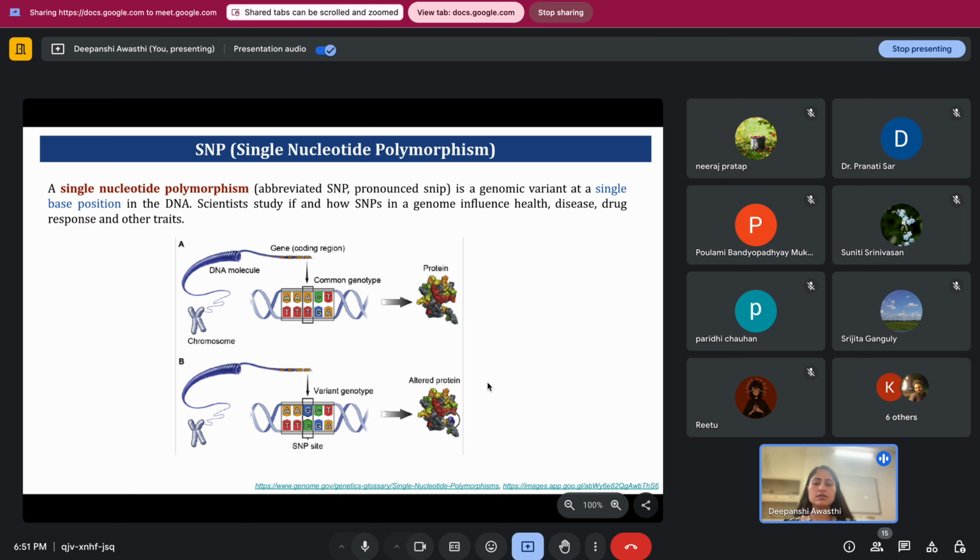So the genotype could have undergone some change and an altered protein is synthesized, which might not be detrimental to that person, which might be beneficial, or could have a variant effect. So it is not always related to disease or a harmful phenotype or outcome.